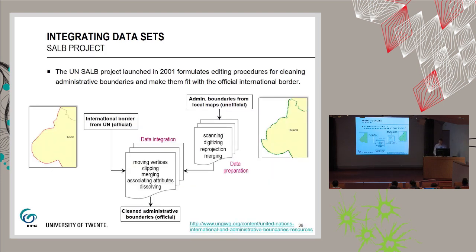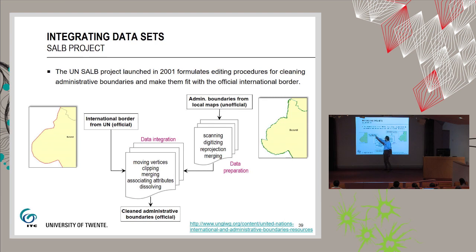So, and that's the last thing, I show you a procedure for editing, which is defined by a project. That's the UN SALB project. And they created a procedure for how to edit the administrative boundaries of African countries. So for the entire continent, they defined an international border.